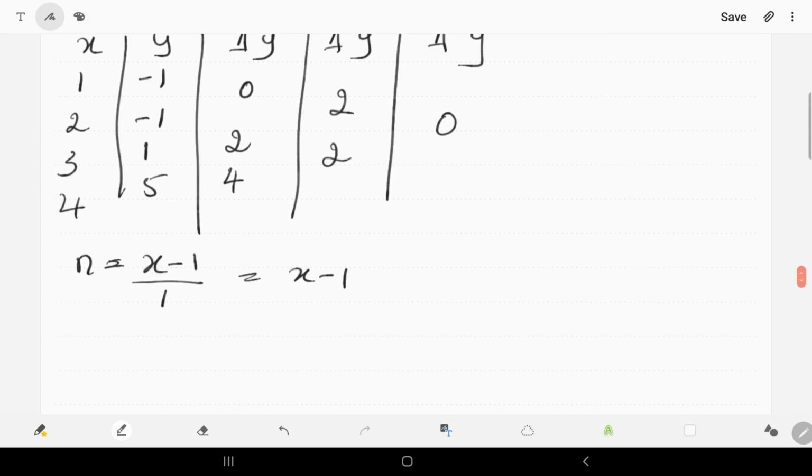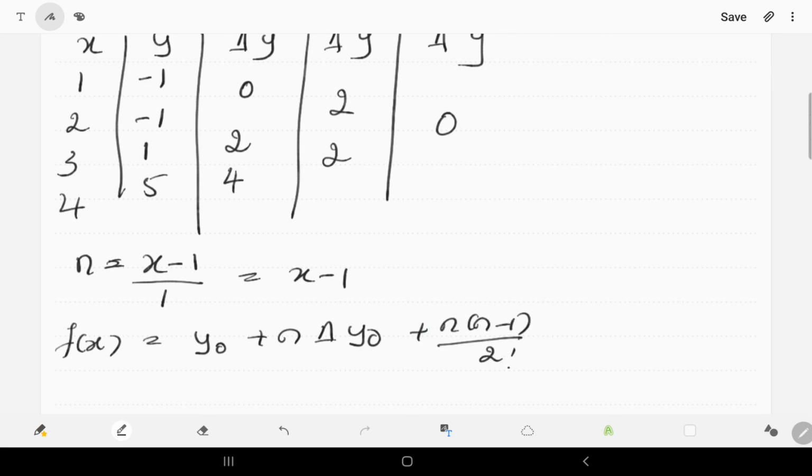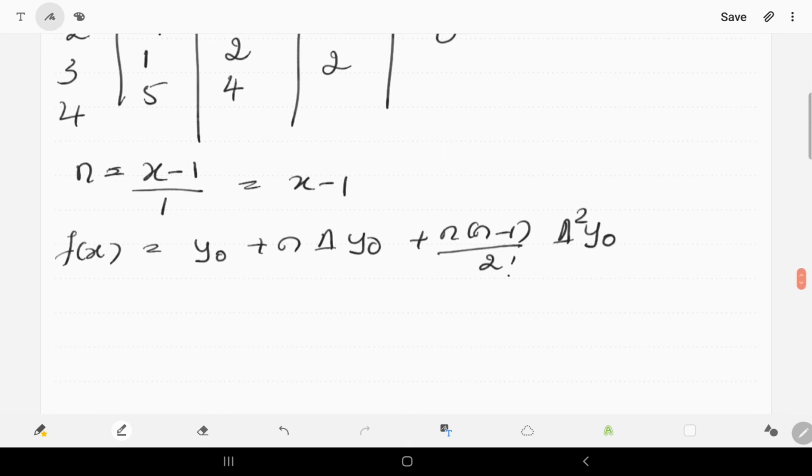So f of x is equal to y naught plus n delta y naught plus n into n minus 1 by 2 factorial delta square y naught, because delta cube y naught is 0.